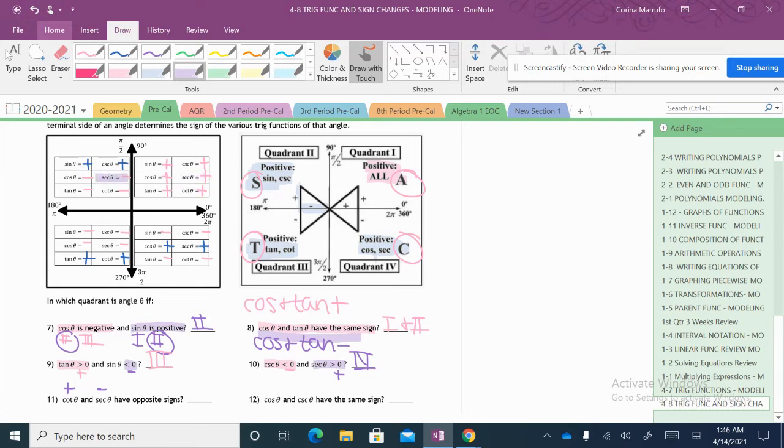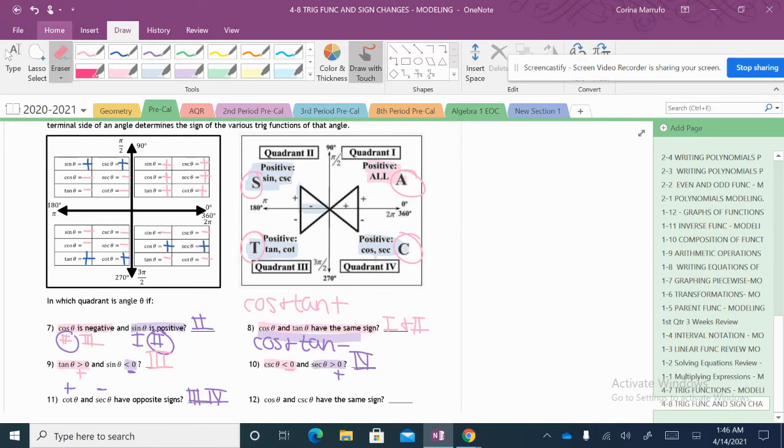Here, secant and cotangent are both negative, so that's not what I'm looking for either. Here, secant is negative and cotangent's positive, so there's one of them. And then here, secant's positive and cotangent is negative, so they have opposite signs. So this happens in not only quadrant 3, but also quadrant 4.